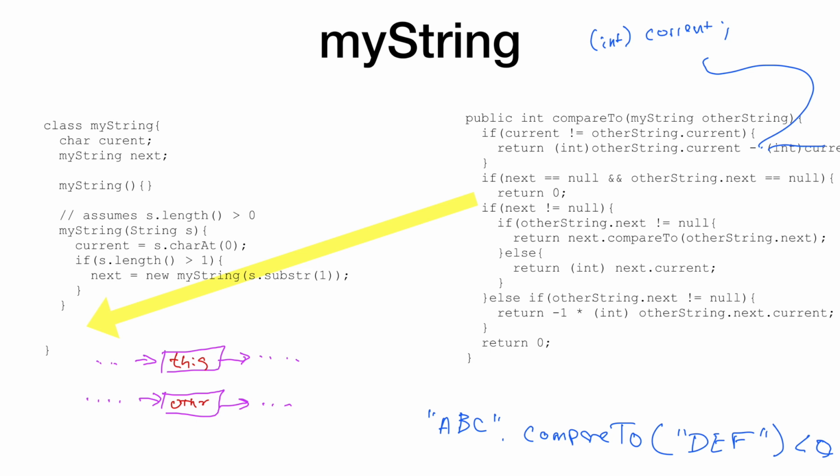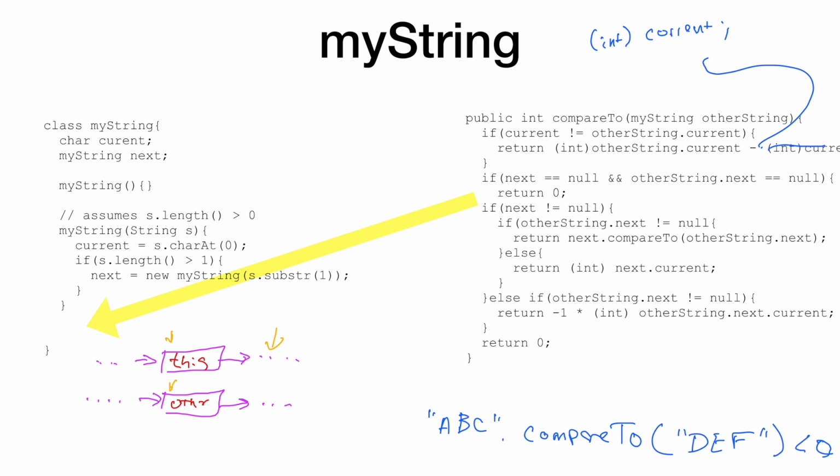So the first thing is if they're not equal, we do something. If they're both null, right, then we've reached the end and we don't have to go any further. If I am not null and he's not null, then we're going to run the same comparator, right, this and this. We're going to run it on this and that, right?